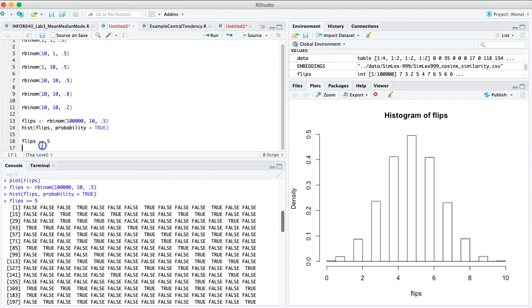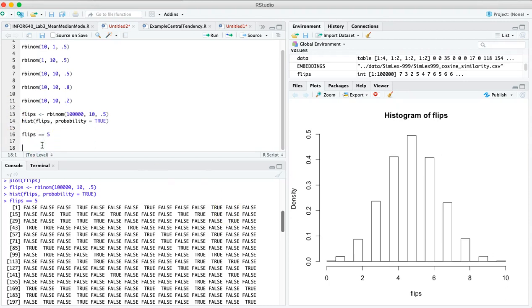Okay, so I've figured out how many times that can happen, but that is also completely unintelligible to my human eyes. So I'm going to find the mean of flips equal to 5.